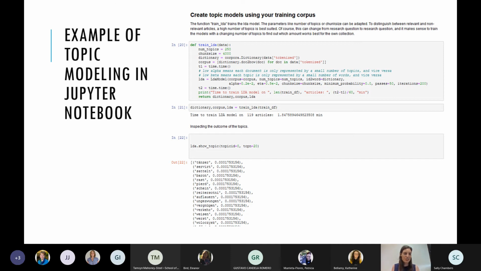It's just showing how the topic modeling algorithm was trained on the corpus. This was basically the function to train it, and then here it's an example where you print one of the topics. Here I have topic 20, and then you have the words and also how important they are within this topic. You can also see you choose the number of topics and the chunk size, and then you have the dictionary, and all of this comes along with the Gensim library.